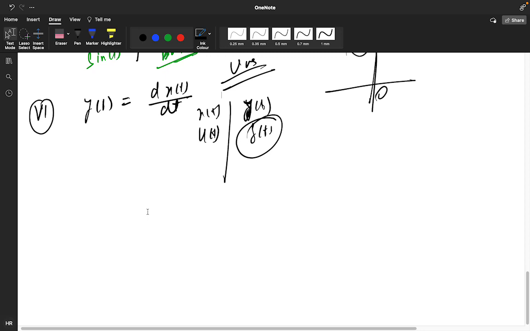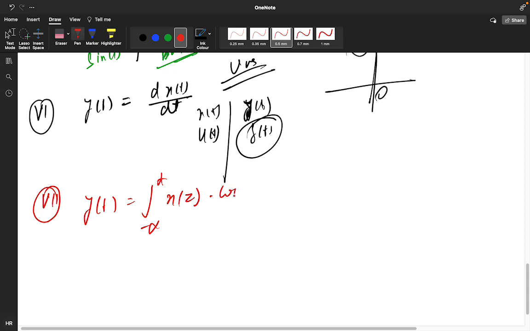Suppose there is one question. Try by yourself. y of t is equal to the integral from minus infinity to t of x of tau cos 3 tau. Will this be stable or unstable? It is unstable, but try by yourself, putting any value which makes it unstable.